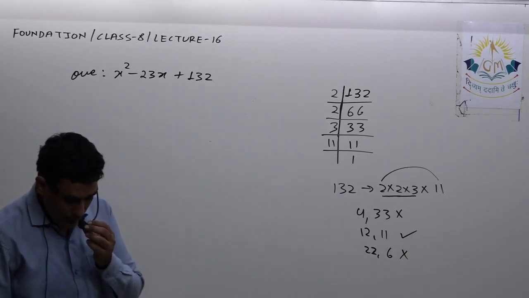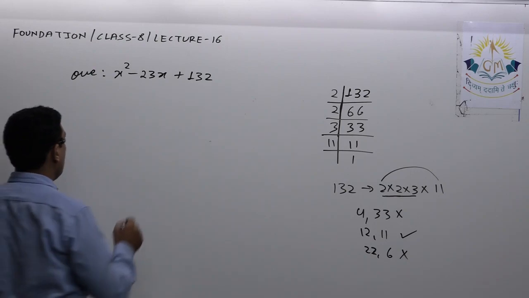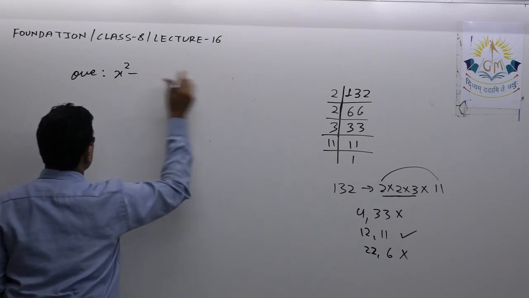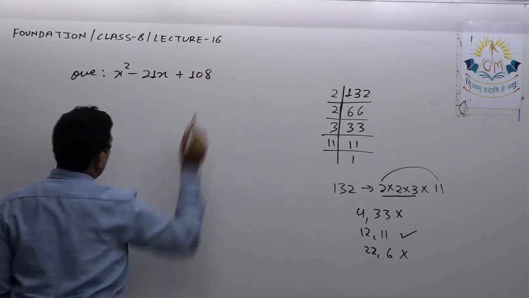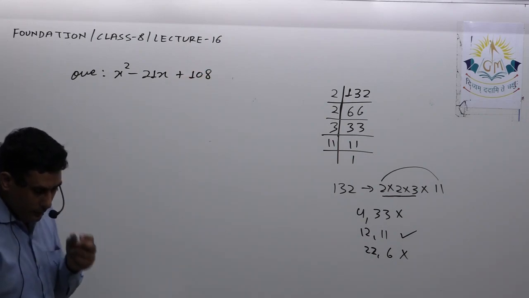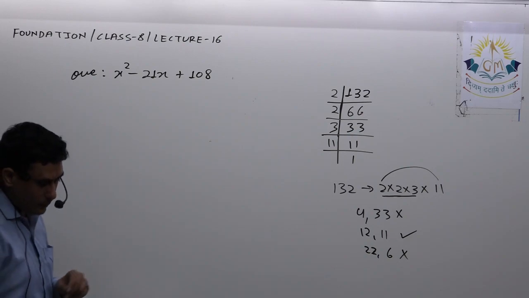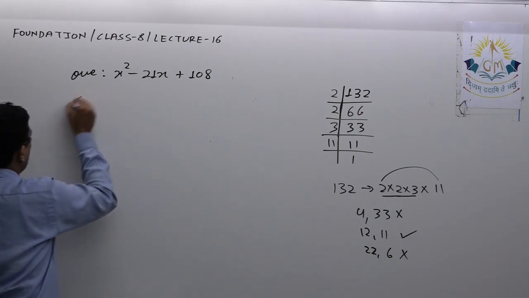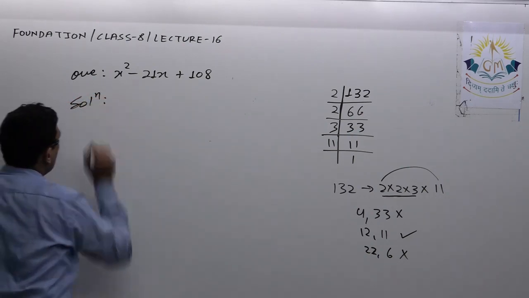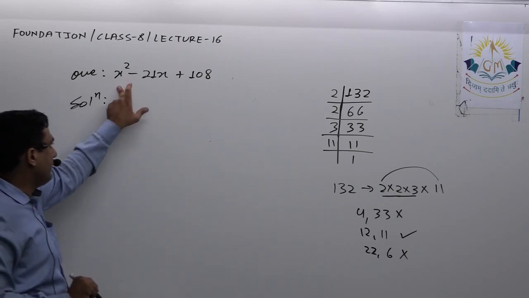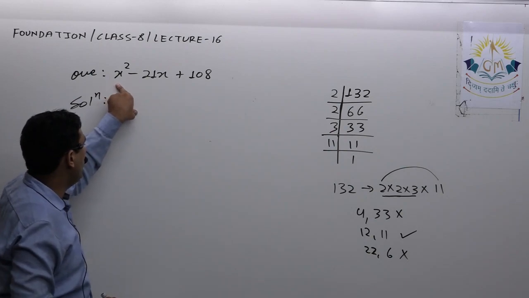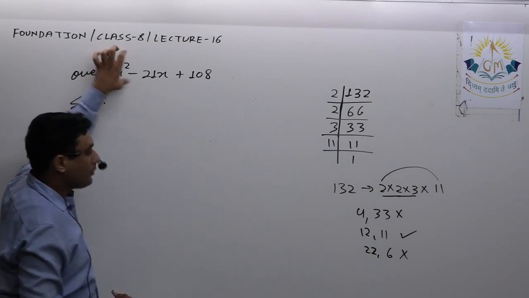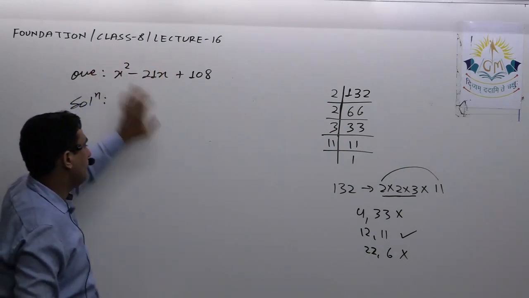Now the next question is x square minus 21x plus 108. Again, first of all, we check whether it is in standard form or not. Yes, it is in the standard form, and the coefficient of the first term is positive.